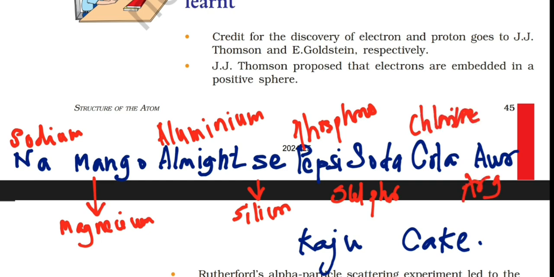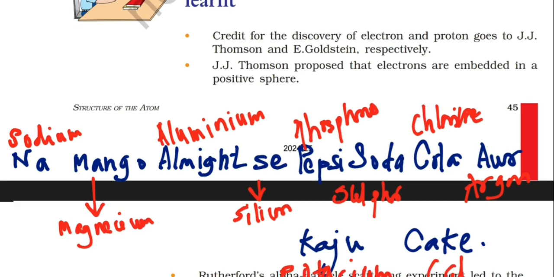Argon: argon. Kaju: potassium. And cake stands for calcium. So this is the simple way to remember the first 20 elements, their formulas and their atomic numbers.